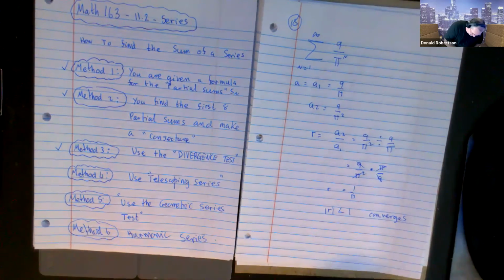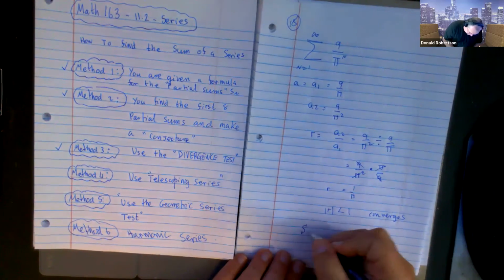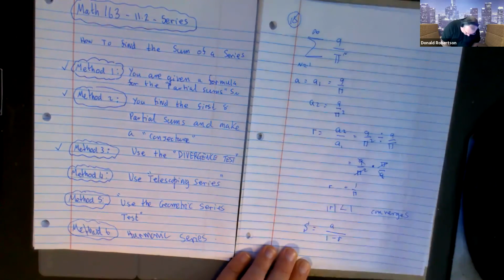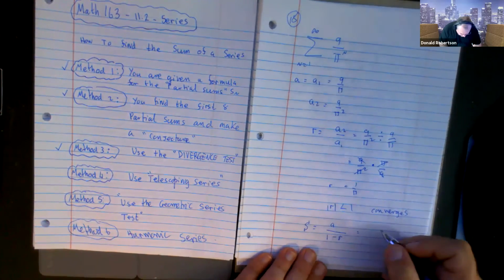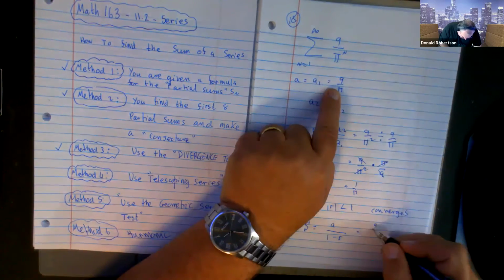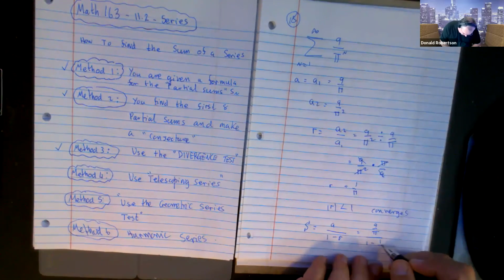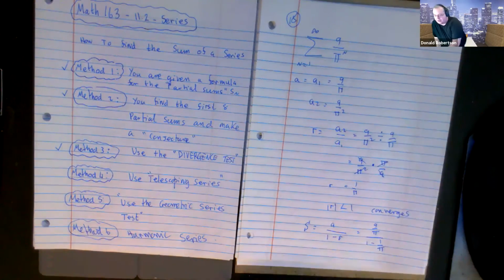And then, since this question is to find out what it adds up to, at least when it converges, you do this step. It's going to be A, which is 9 over pi, over 1 take away r, which is 1 over pi. Now let's look at style points. Nobody is going to be happy if that is the final answer. Would you agree that is clunky and not pretty? I want it to be a nicer fraction, meaning fractions that don't have fractions in them.